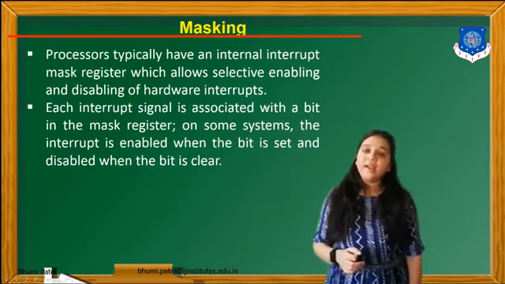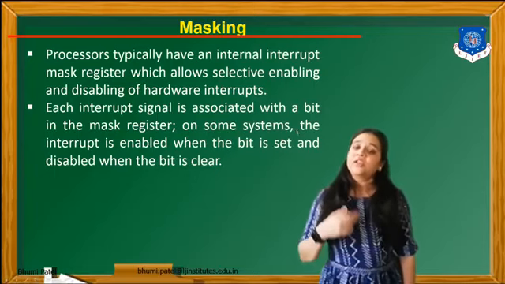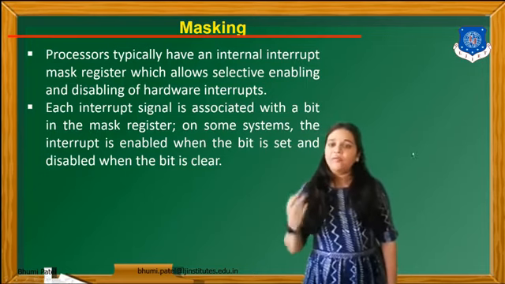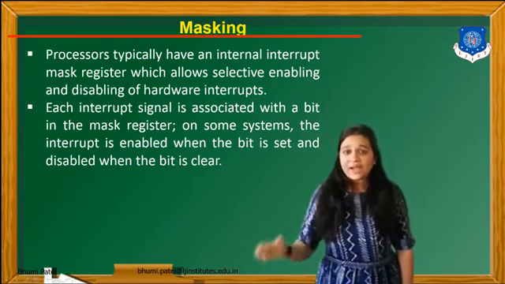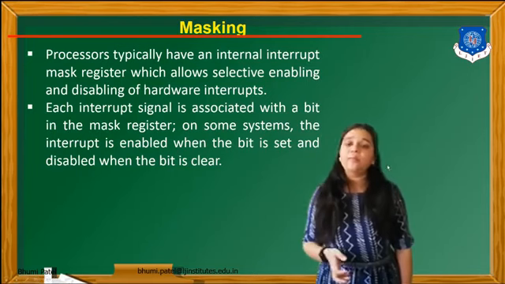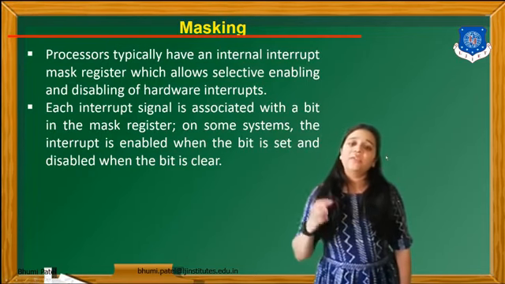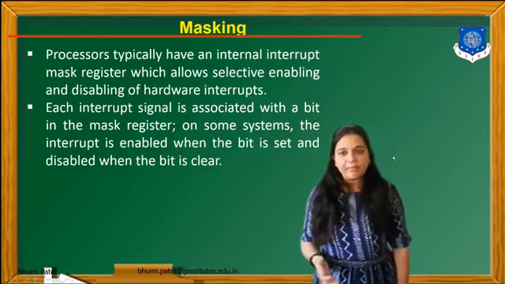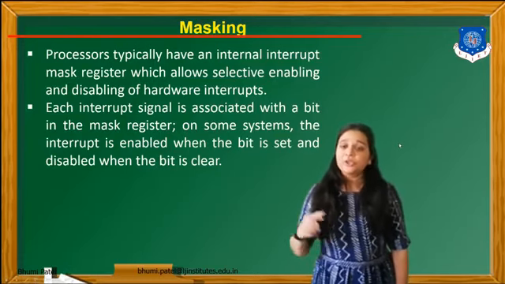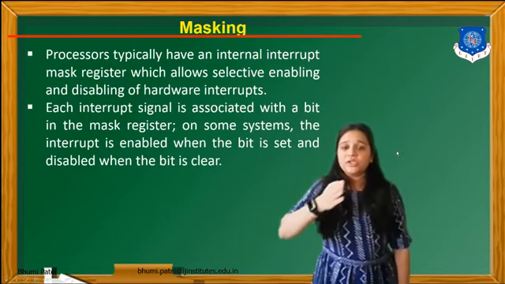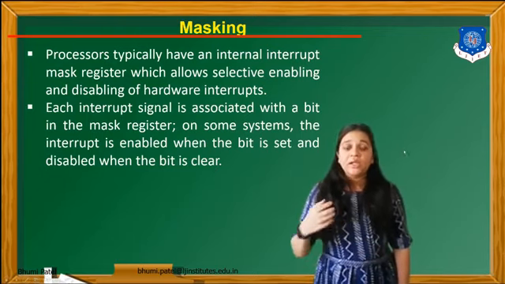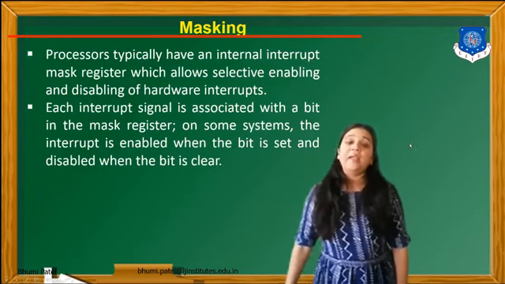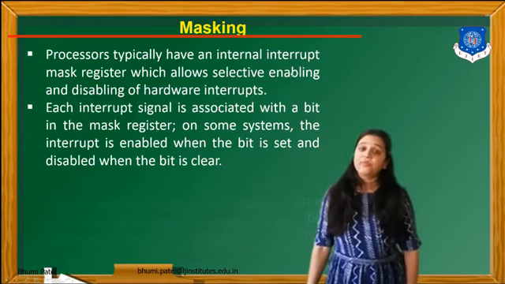If we deal with a digital signal or binary number, we have two numbers, 0 and 1. So the mask register or the interrupt will be enabled when we have bit number 1, or the bit is set, and it will be disabled when the bit is clear. Depending upon the 8-bit register or the 16-bit register, if we set the bit or reset the bit, that time we can use the masking interrupt.